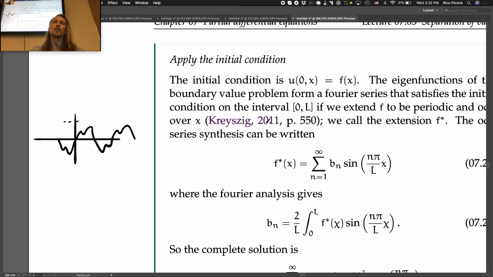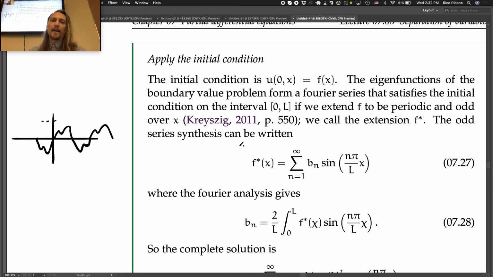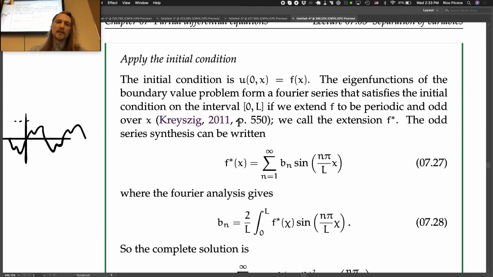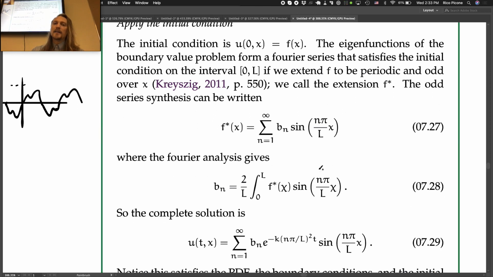So we say, okay, there's a periodic, odd extension, which allows us to write the odd Fourier series synthesis here. So we can say that f star, the odd extension of our initial condition, is a Fourier series, and the analysis gives us what the coefficients are.